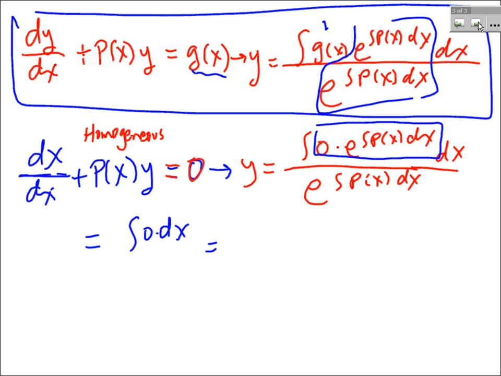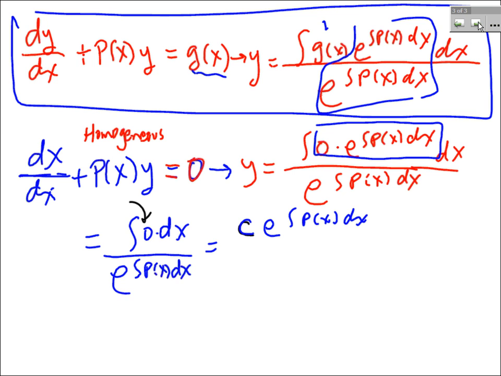The integral of 0 dx is some constant. What do you take the derivative of to get 0? Answer, a constant. And on the bottom, we still have that integral. Now all I'm going to do is bring it to the top. And when you bring something from the bottom to the top, you change the sign of the exponent. It's going to be negative.